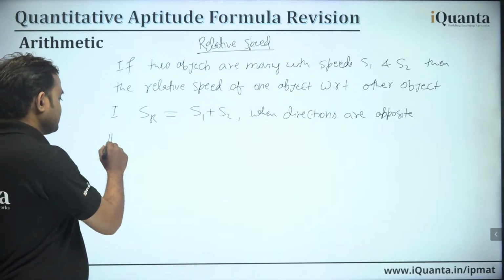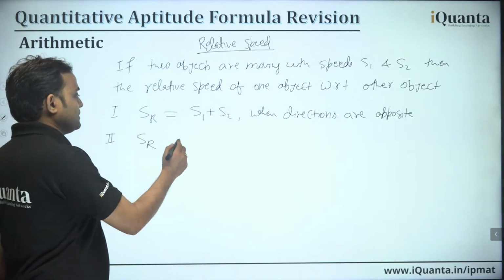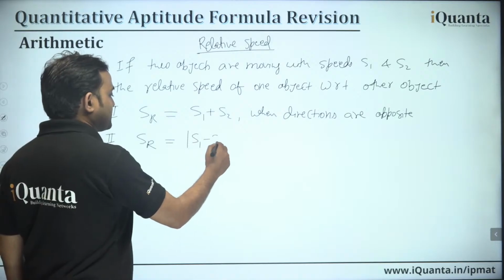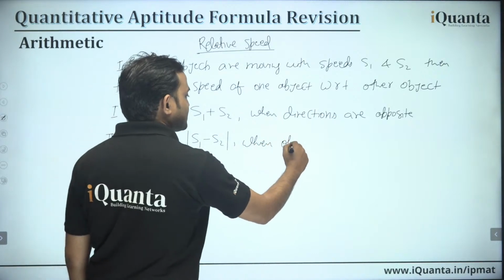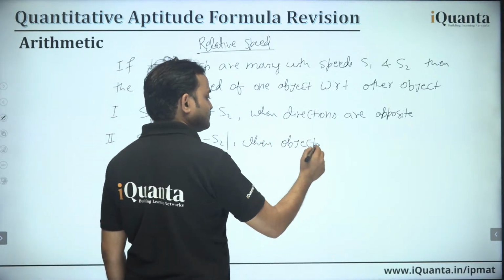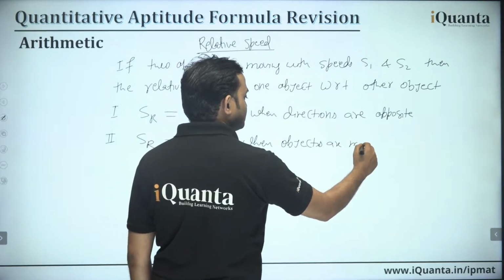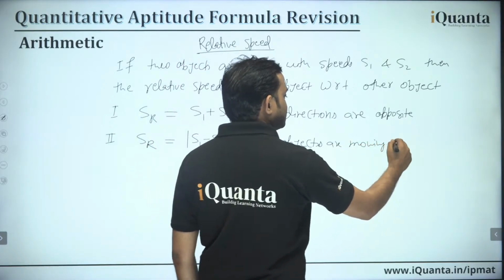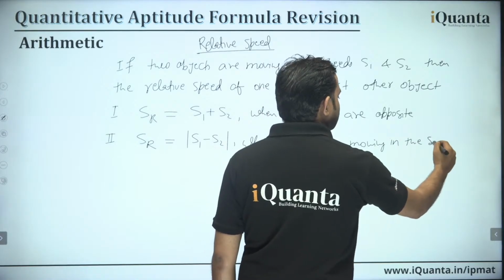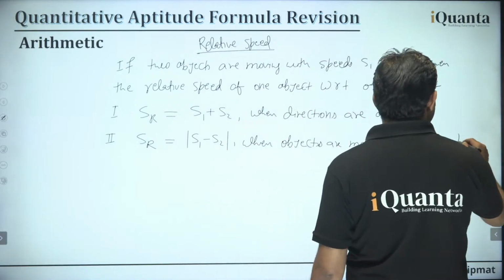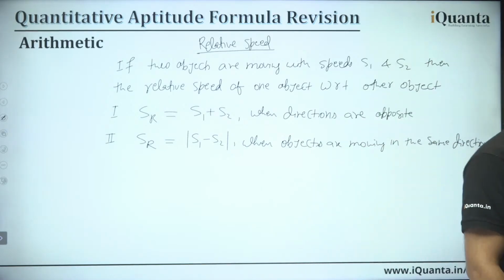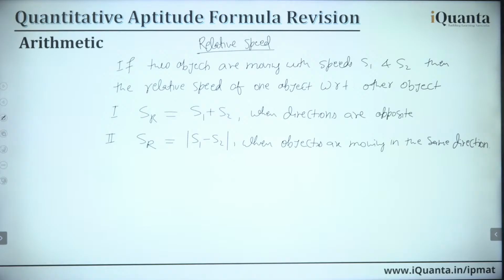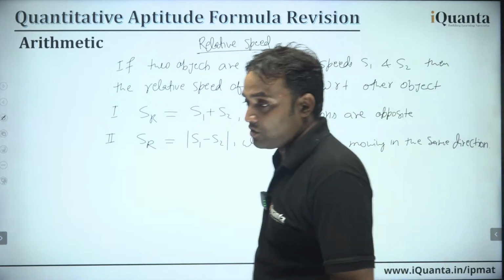Then second, relative speed will be equal to the absolute difference between their speeds when objects are moving in the same direction. If direction is the same, then we can say that the relative speed of one object will be taken as the difference of the speed of the other object.